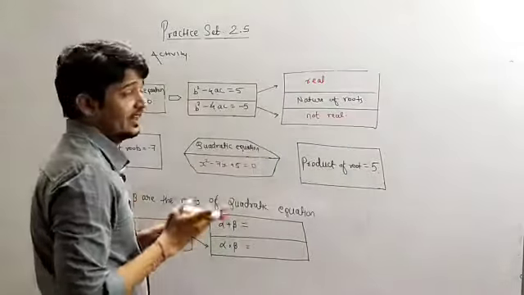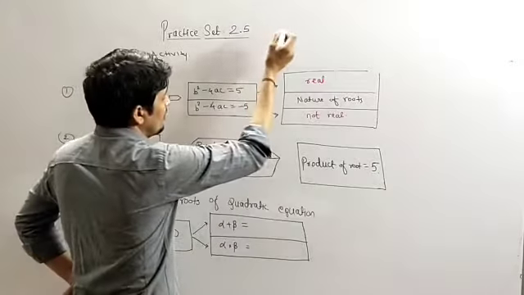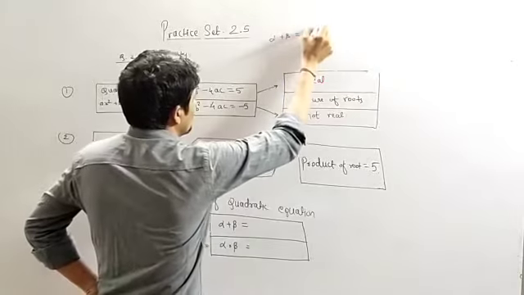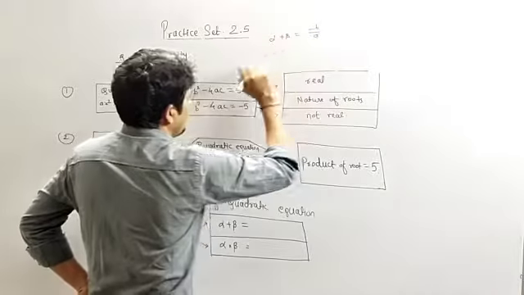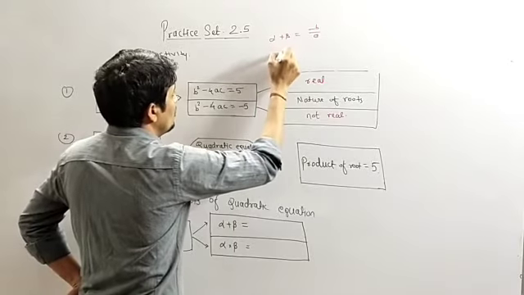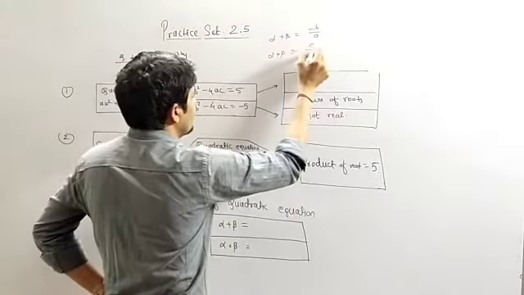We can decide like this also. The sum of the roots, alpha plus beta, equals minus b divided by a, and the product of the roots, alpha into beta, equals c divided by a.